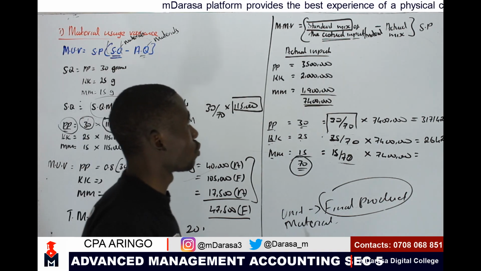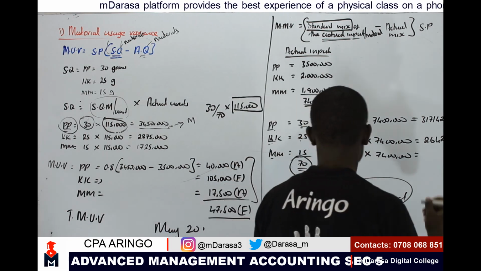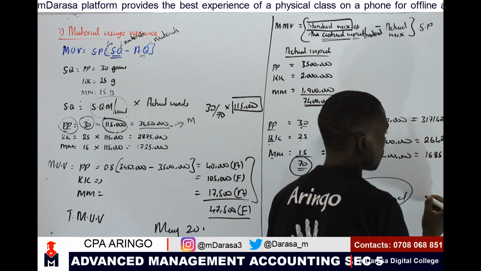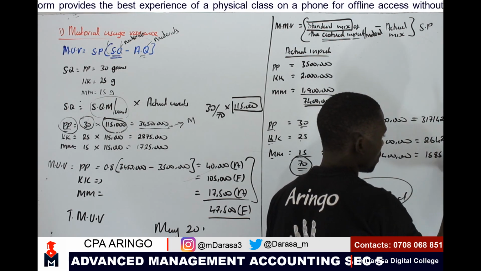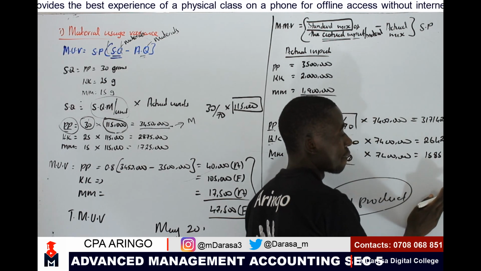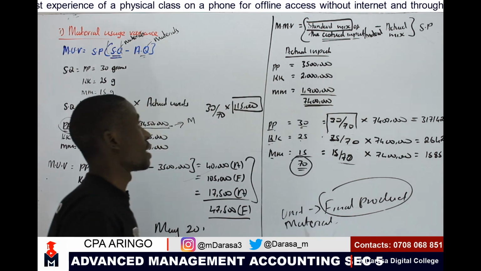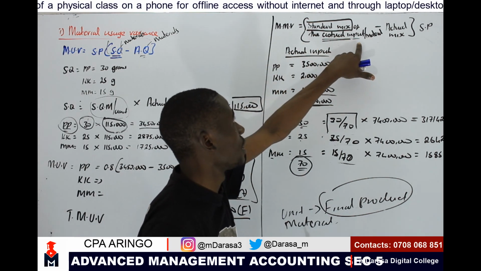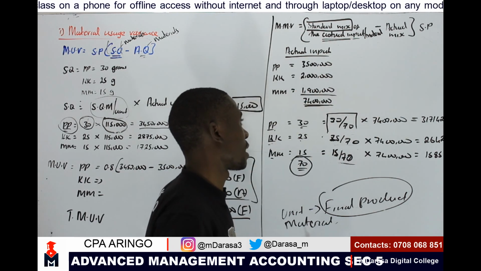And for the last one, how many will we have? 1,585? 714. 714. So that is our standard mix of the actual input. Standard mix of the actual input. I'm having it at that point.